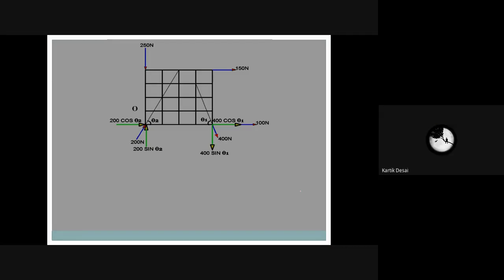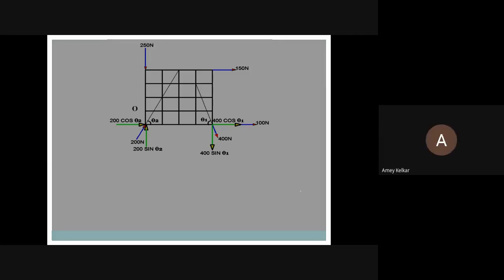So summation of Fx is 465.91 Newton. Yes, has anyone got summation Fx? 465.91.